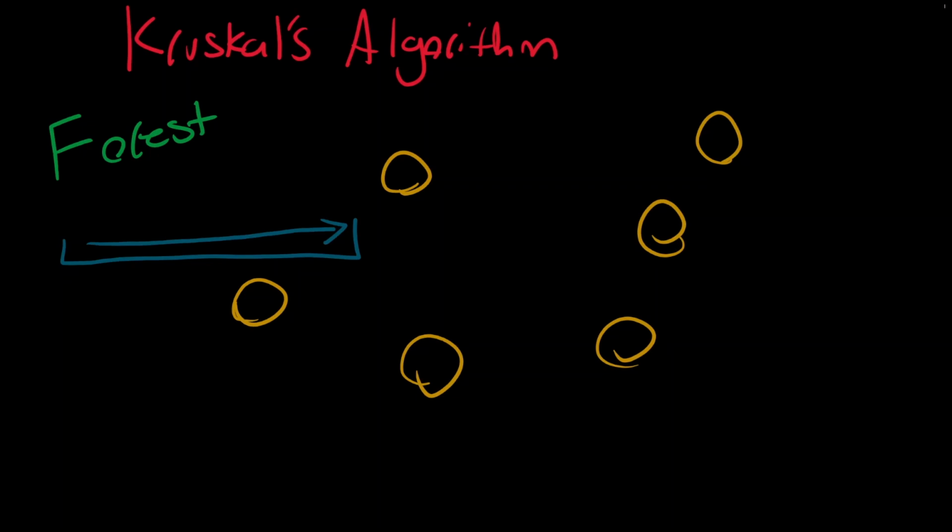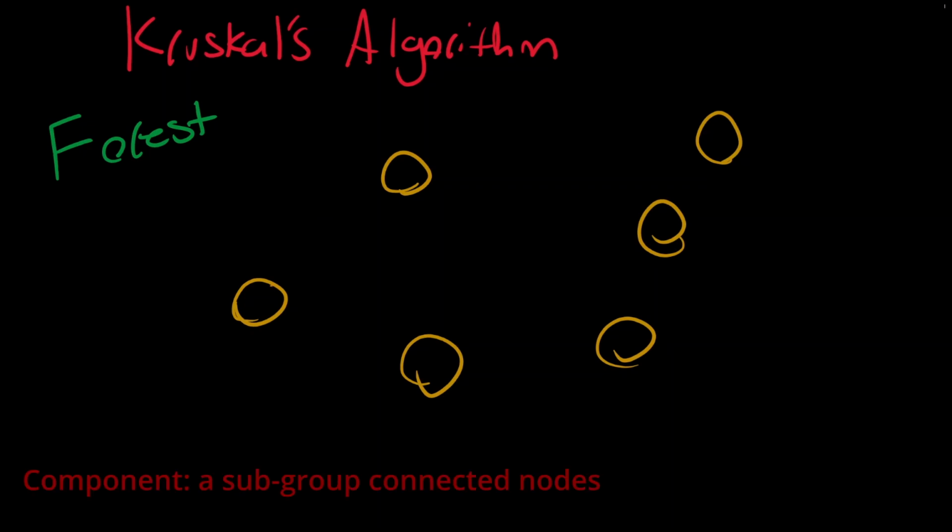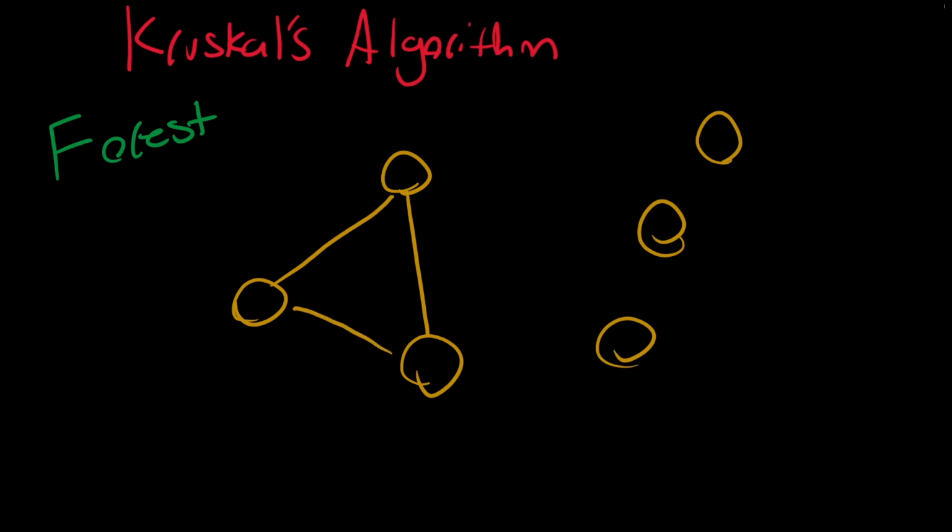And then we're going to go one by one and add them such that no new connection is already a part of the component. So if I were going to add these connections, I cannot add this third connection at the bottom, if those two edges were added first.